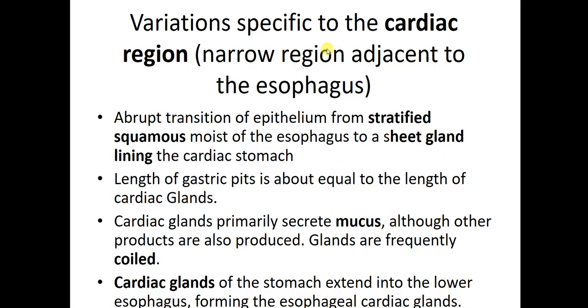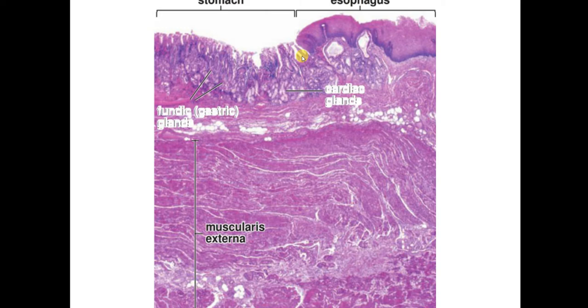Now, variations specific to the cardiac region. I remind you, the cardiac region is present very close to the esophagus. It contains an abrupt transition of epithelium from the stratified squamous epithelium of the esophagus to a sheet of glands lining the cardiac stomach. Here is an example.